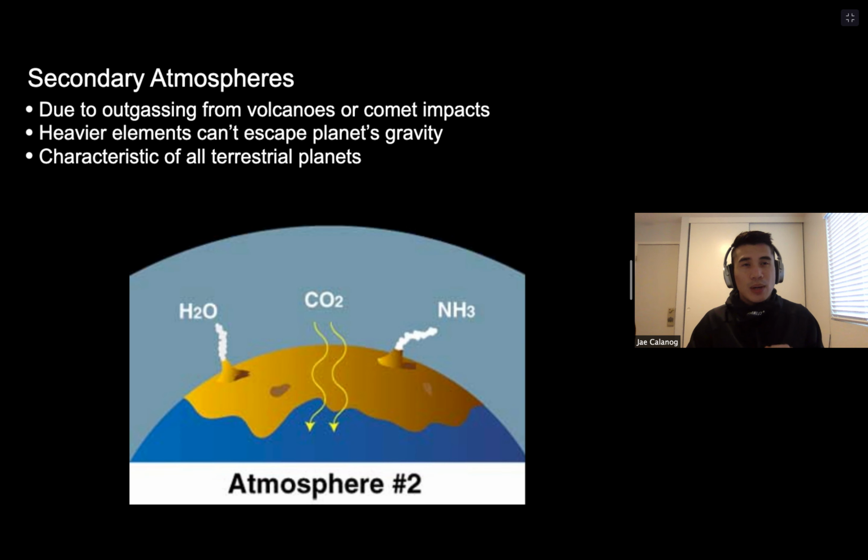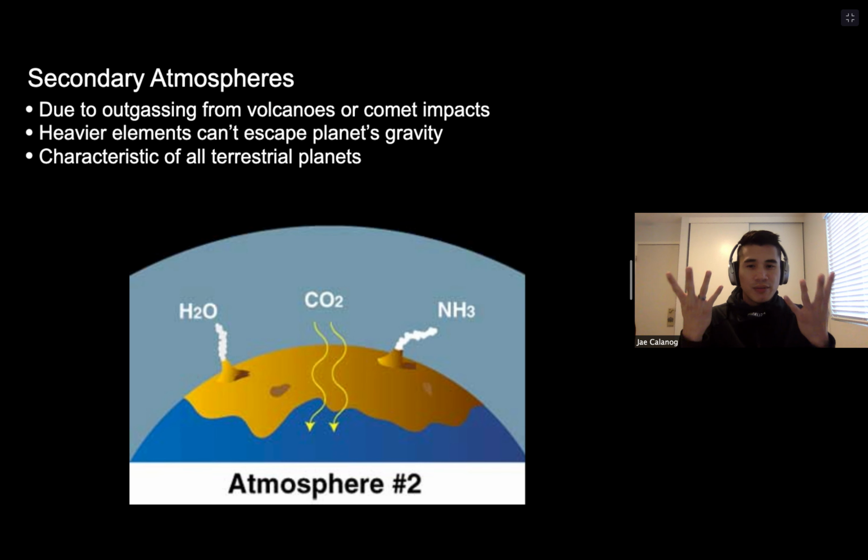You have planets, however, like the Earth, that were able to form a secondary atmosphere. The secondary atmosphere was primarily due to geological activity from volcanoes.